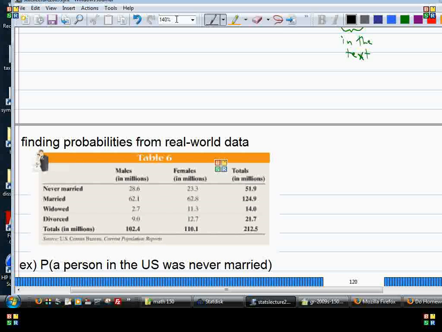Is this true? Yes. This is from the U.S. Census. I'm not sure which one, one of the last two censuses, I would imagine. Wait, how come 12.7 million women were divorced and only 9 million men divorced?